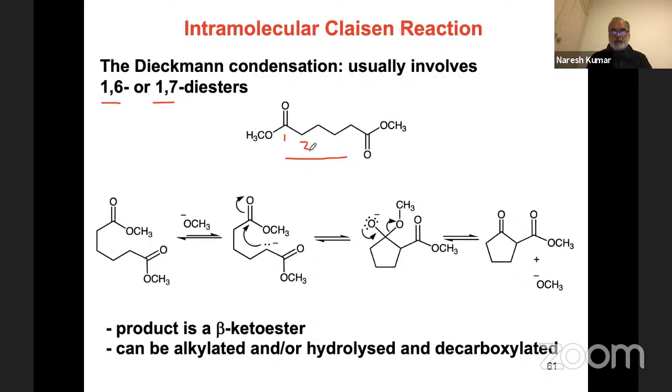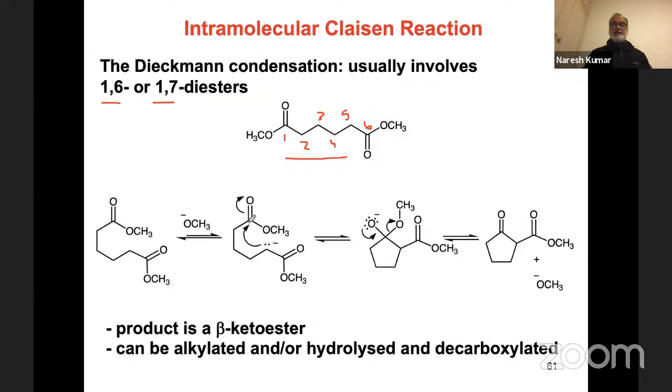So that's 1, that's 2, that's 3, 4, 5, and 6. So the relationship between the two esters is 1,6 here, but it will also work quite well with the 1,7 diester compound as well. Okay, and logically again, you can imagine that one of the CH2 here will get deprotonated to form that C minus.